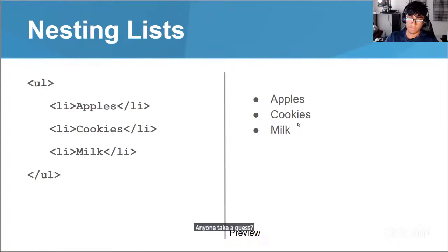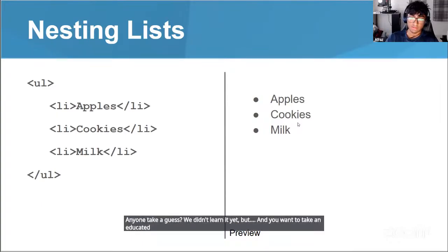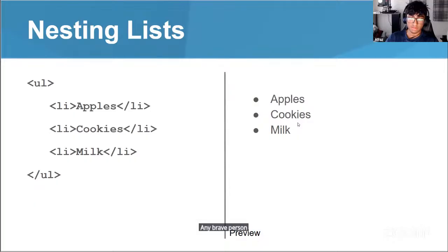We didn't learn it yet, but anyone wants to take an educated guess? Any brave person? It's not the li tag, but it is a tag. What other tags have we learned? Okay, Ayan got it right. You put another ul tag, right? You put a ul tag within this.